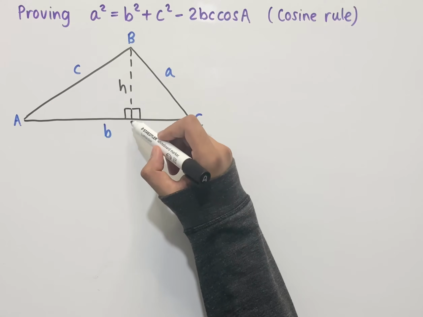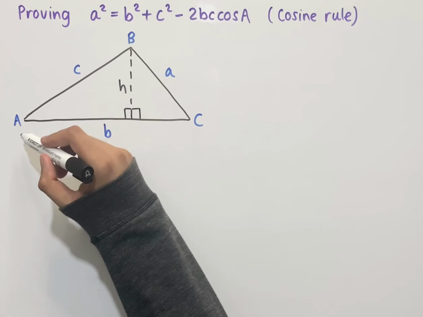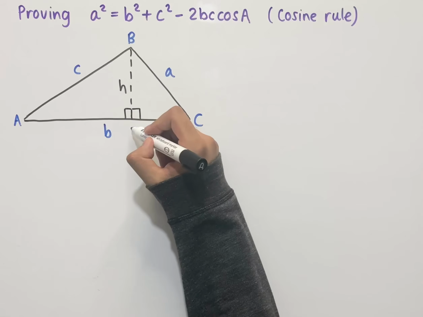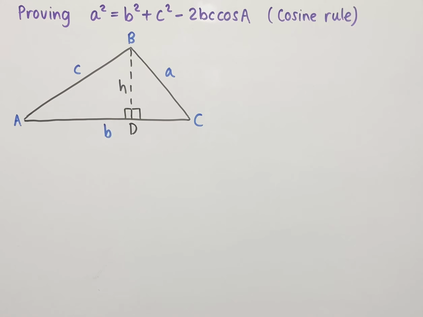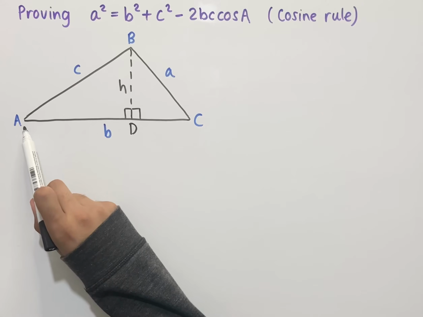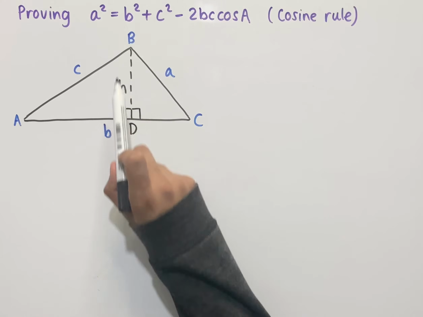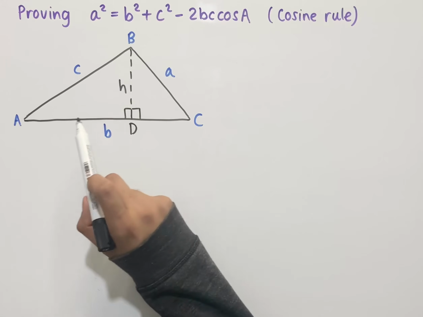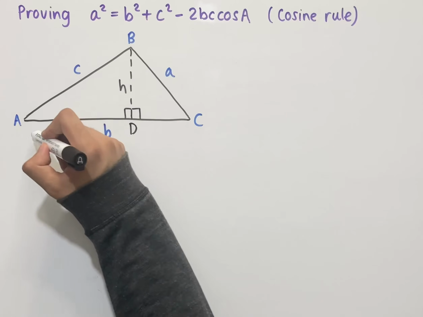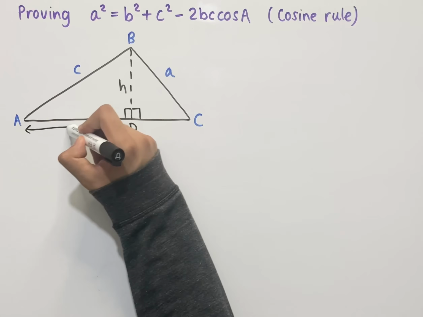Labeling the point where the perpendicular height and the side AC meet, let's call that capital D. Then we can also consider the base length of the triangle ABD, which we're going to label as lowercase x.